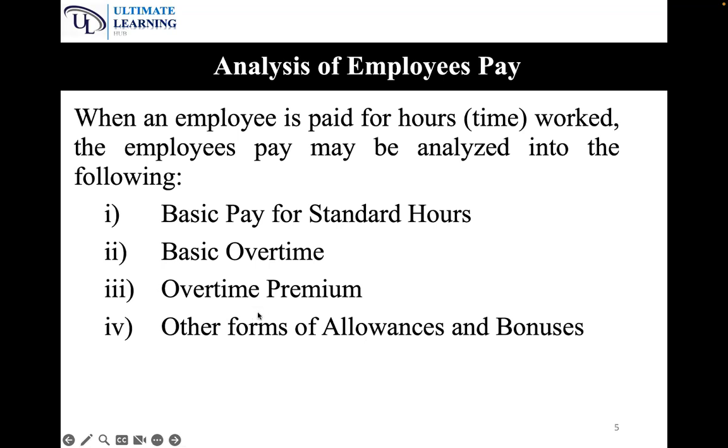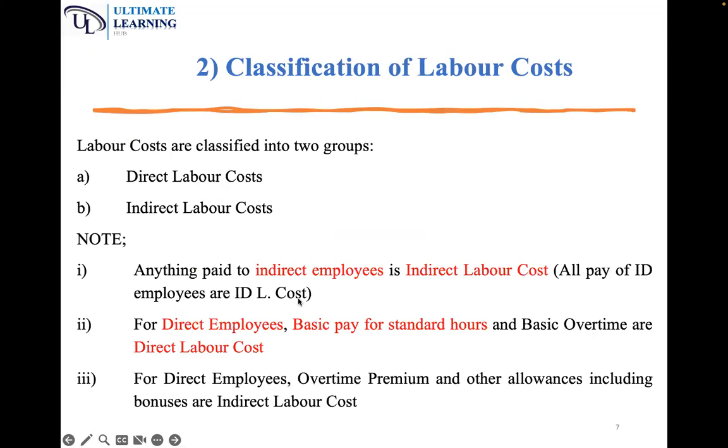Overtime premium and any other allowance are indirect. So when you look at direct employees, basic pay for standard hours and basic overtime are direct labor costs. Overtime premium and other forms of allowances are indirect labor costs.